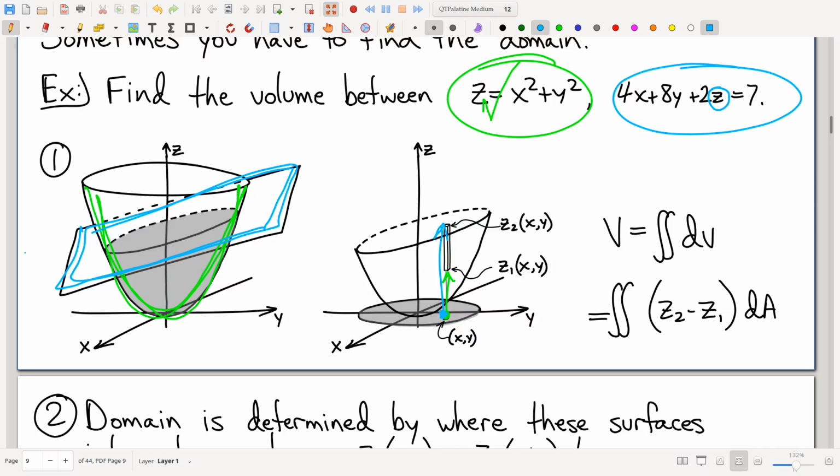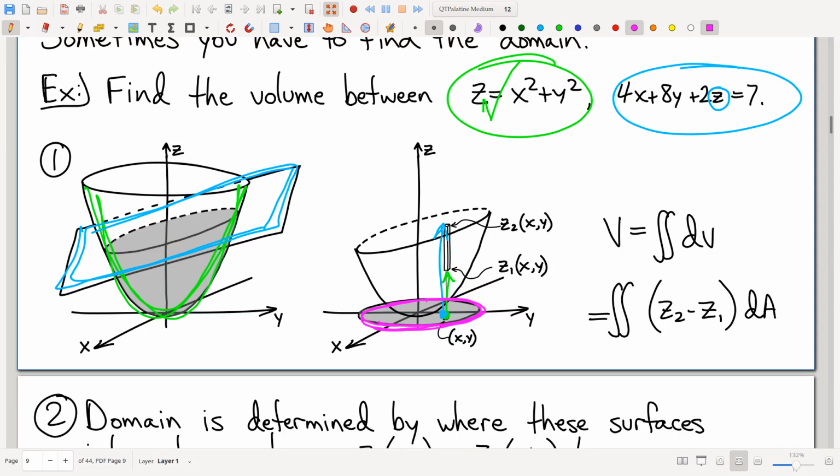So for my z integral, the lower bound is going to be this z1, the upper bound is going to be this z2, and here's the big trick then. How are we going to find the domain down here? The domain is going to be the points in the xy plane. I should say the boundary of the domain that we're looking for is going to be the points where this green height is equal to that blue height.